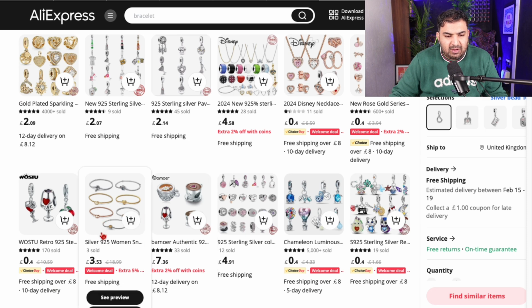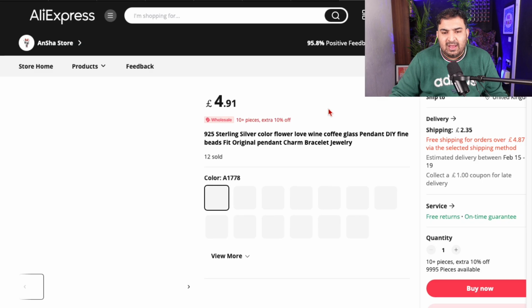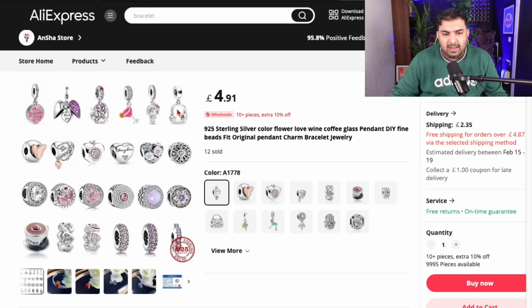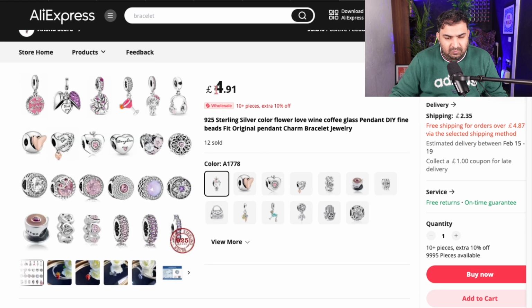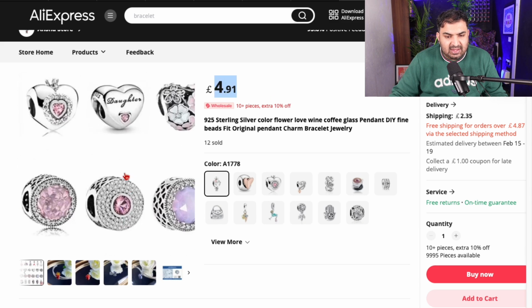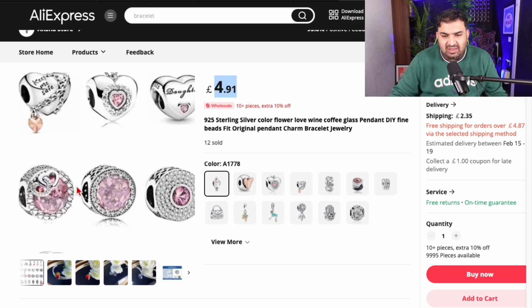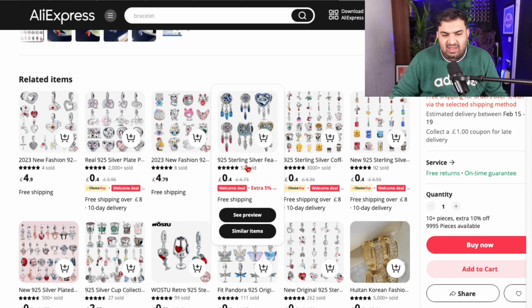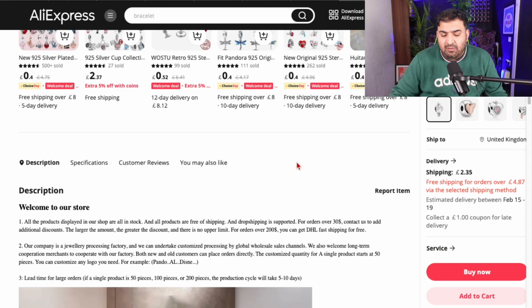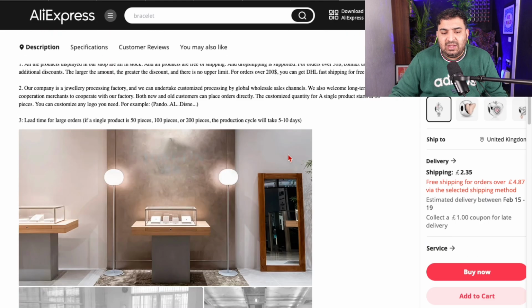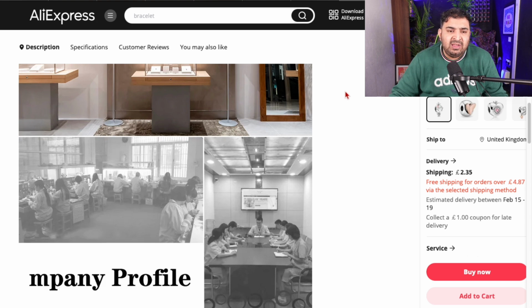Many of them are a lot cheaper than this. For example, if I go right here, I can see this one as well, only $4.91, and there are many different types of these bracelets right here. So these are the items which are really worth selling during the time of Valentine. I'm just giving you one example. Obviously, depending on season and depending on what's trending, that might change over the period of time.